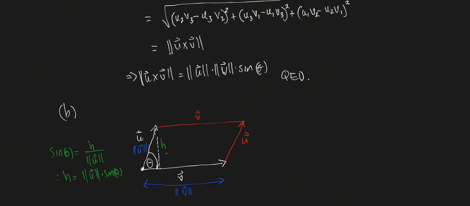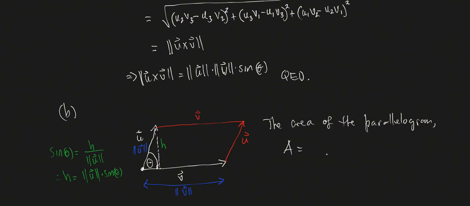So what this tells me is, if I want to find the area of this parallelogram, that area is equal to that base, which has a length of magnitude of V, times the height.